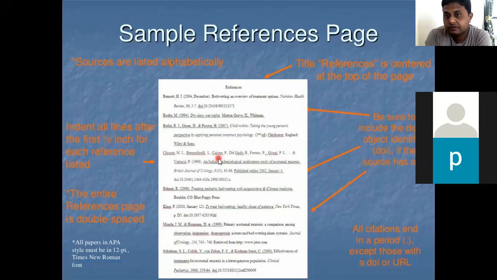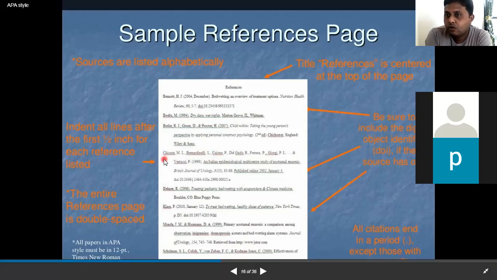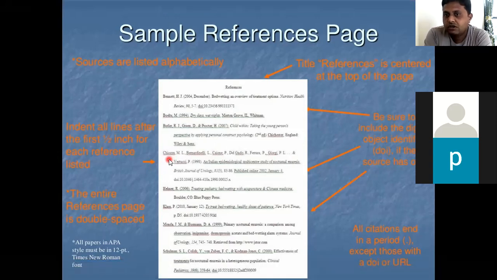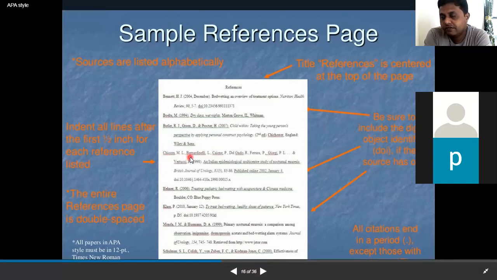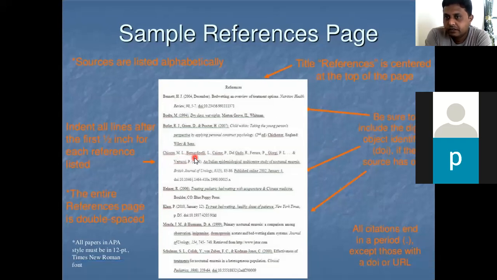I repeat, in the case of MLA, if there are more than two authors, the first author's surname is taken, then the first name of the author. For example, Agrawal, Pratik is the first author.